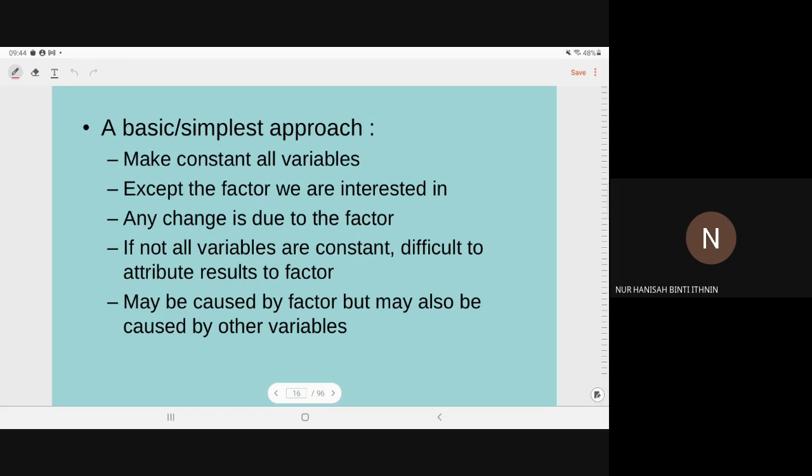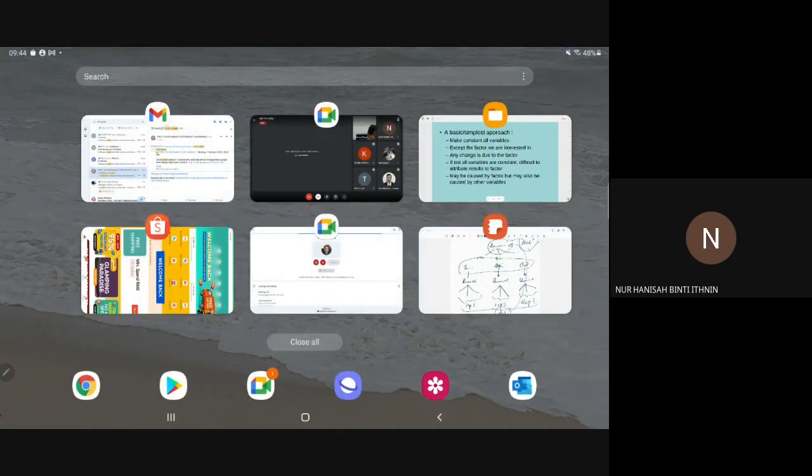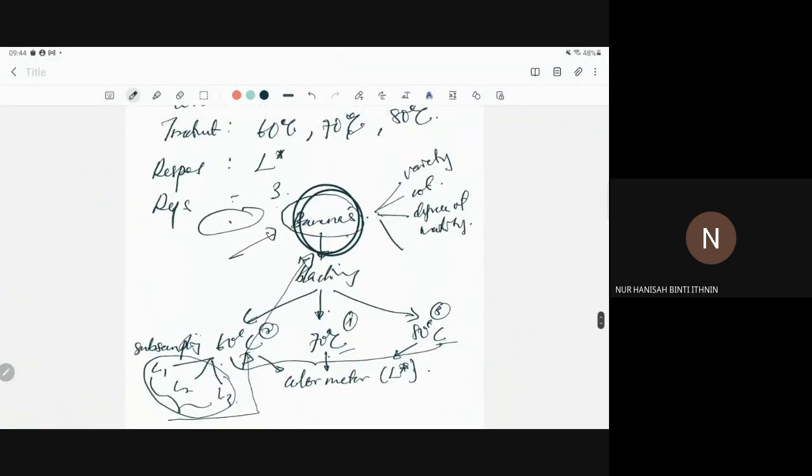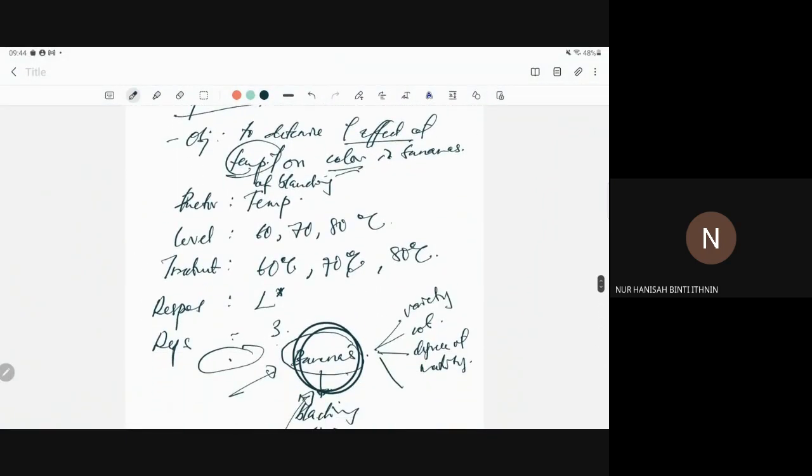So whatever you make constant is not your interest, and that's why we have to make it constant, except the factor that we are interested in. If you look at the example that we discussed just now, everything was made constant: the variety of the bananas, the weight of the bananas, the degree of maturity, because it is not our interest.